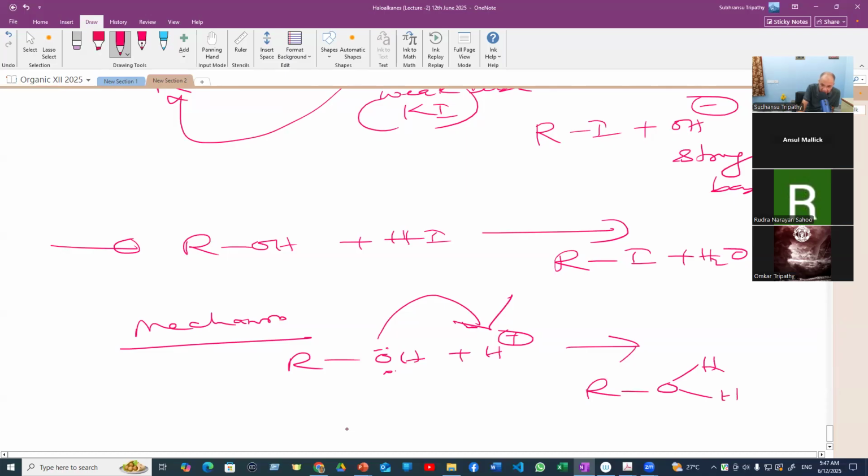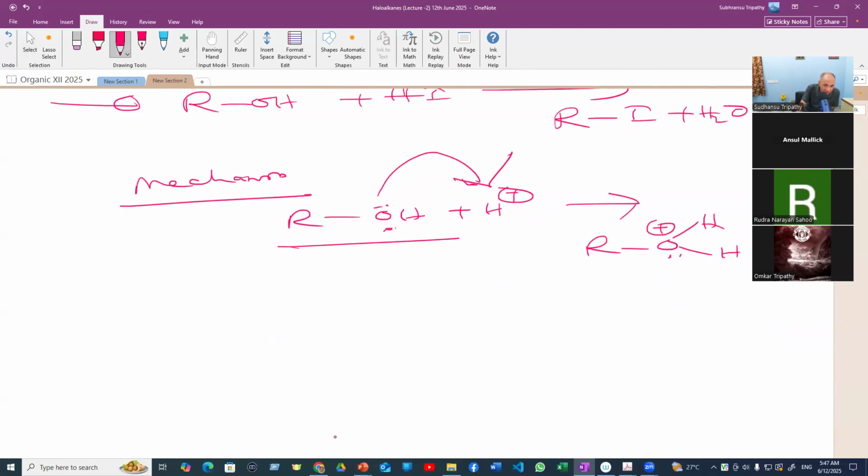Now, the SN mechanism starts from here: not alcohol, but protonated alcohol is the real substrate to undertake SN1 or SN2, depending on the nature of R. So here you have I minus.